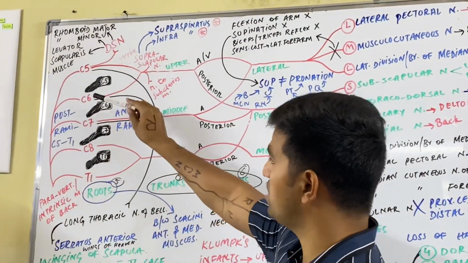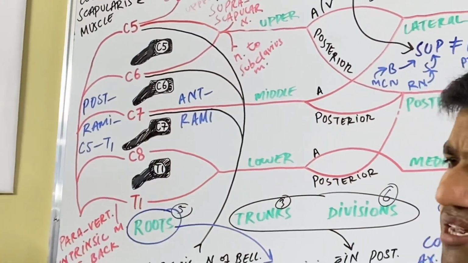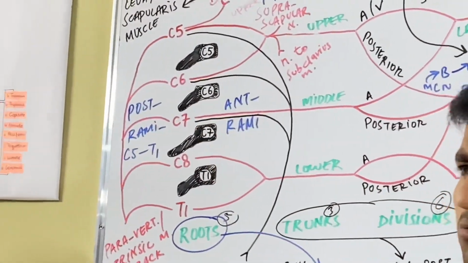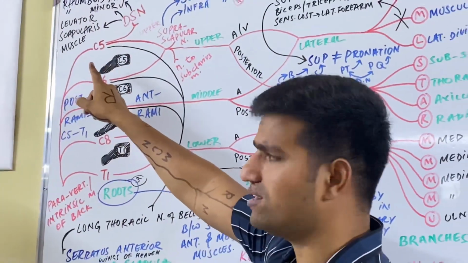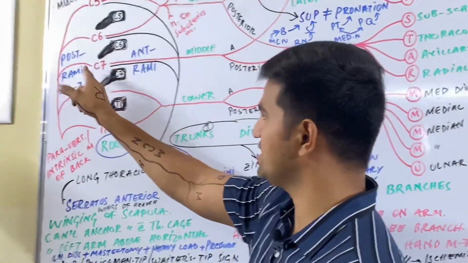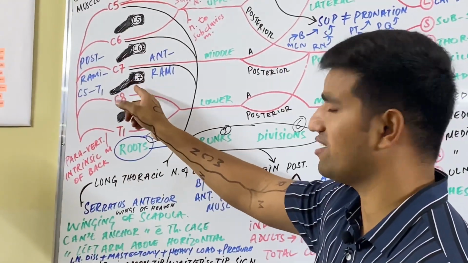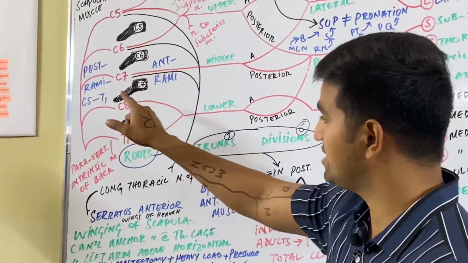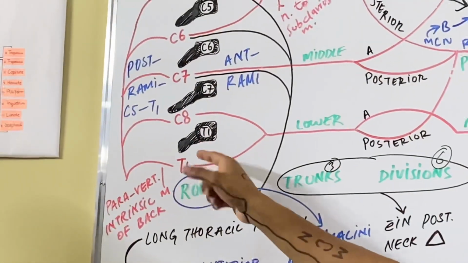You can see over here we have drawn the C5 cervical vertebra. With that you can assume the outflow of nerves. So C5 is passing above the C5 vertebra, C6 passing above the C6 vertebra, C7 spinal nerve passing above the cervical 7th vertebra, and C8 is passing above the T1, and T1 is passing below the T1.